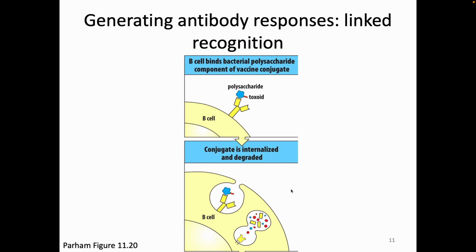So we're going to class switch to IgG, and we're going to make high level because we want to make a plasma cell. And we want to have really good somatic hypermutation. After this internalization, what has to happen? So this B cell can make all-star IgG antibodies against blue flower. What needs to happen?